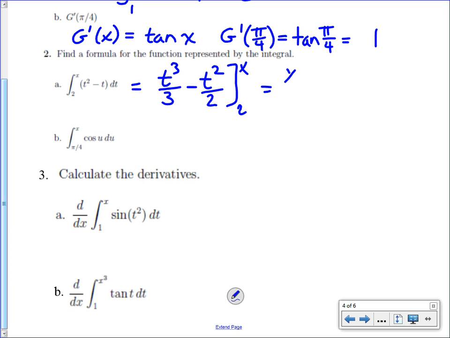We're going to plug in our upper limit minus, we're going to plug in our lower limit. So 2 cubed is 8, so we'll get 8 over 3. Minus 2 squared is 4, divided by 2 is 2. And then we'll just calculate that.